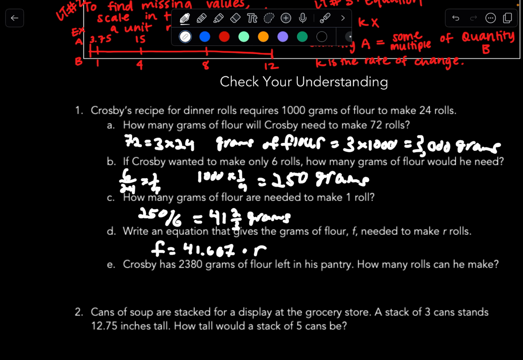The last question, E. Crosby has 2,380 grams of flour left in his pantry. How many rolls? So we know 1 roll equals 41.667 grams of flour. So we could see how many times this can go into 2,380 grams.